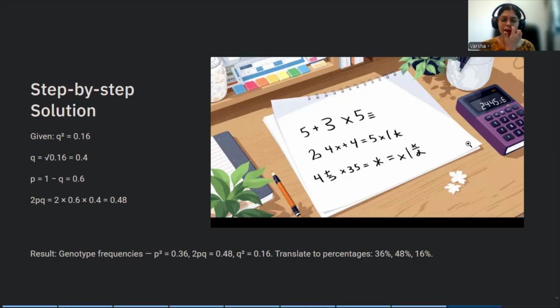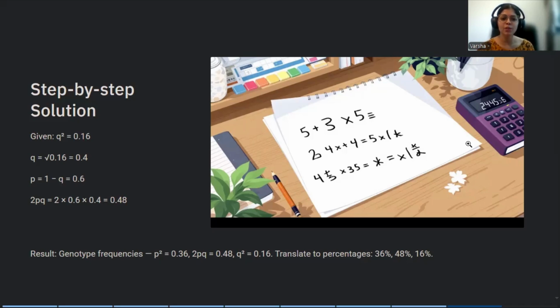Now find the P, the dominant allele frequency. All you have to do is subtract Q from 1, because P plus Q is equal to 1. You will find 0.6, which is the frequency of the dominant allele. And to find heterozygous individuals, we can use 2 into P into Q, which is 2 into 0.6 into 0.4, equal to 0.48.